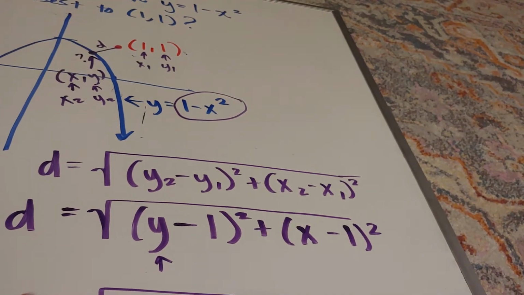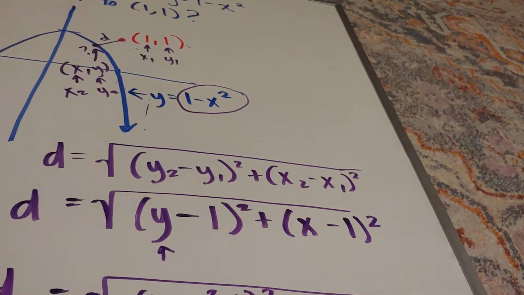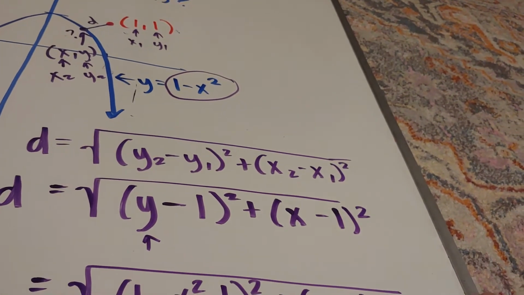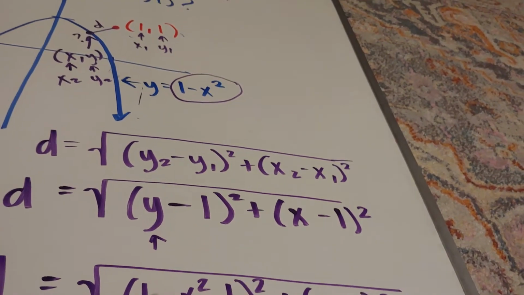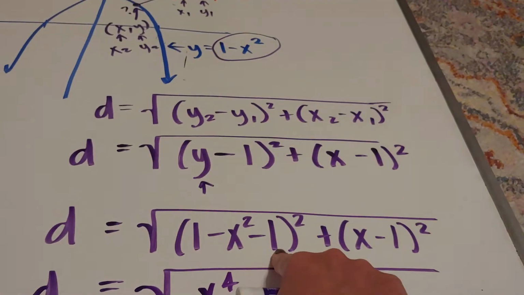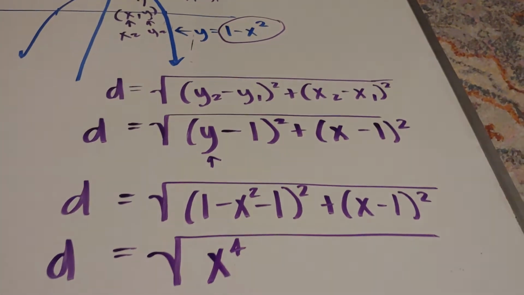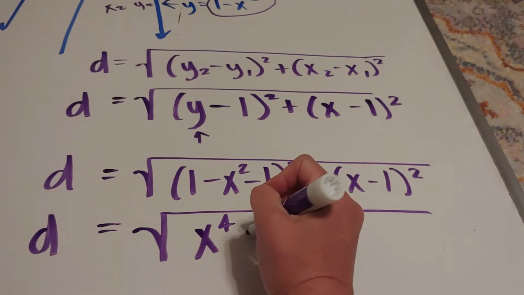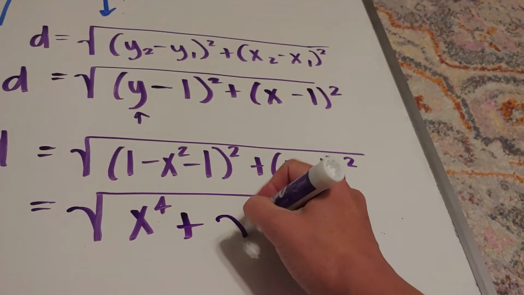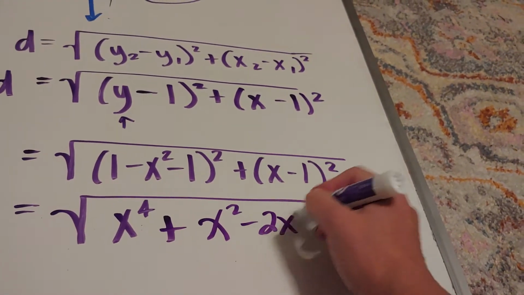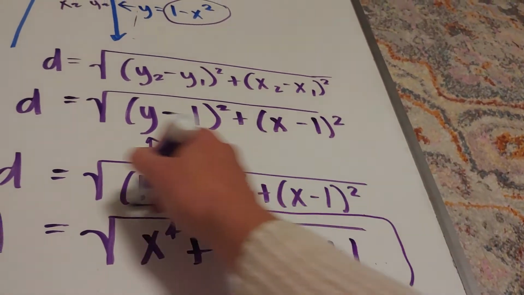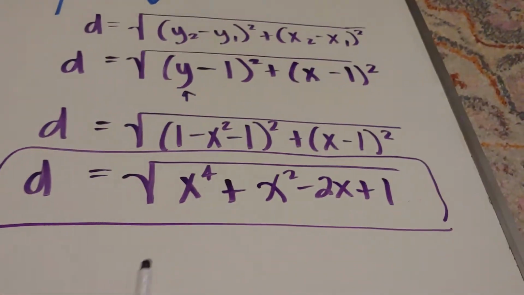And if I clean this up, I'm going to get x to the 4th, because 1 minus 1 is x squared, and x squared squared is x to the 4th. And then over here, if I FOIL this out, I get x squared minus 2x plus 1. That's what I want to optimize.